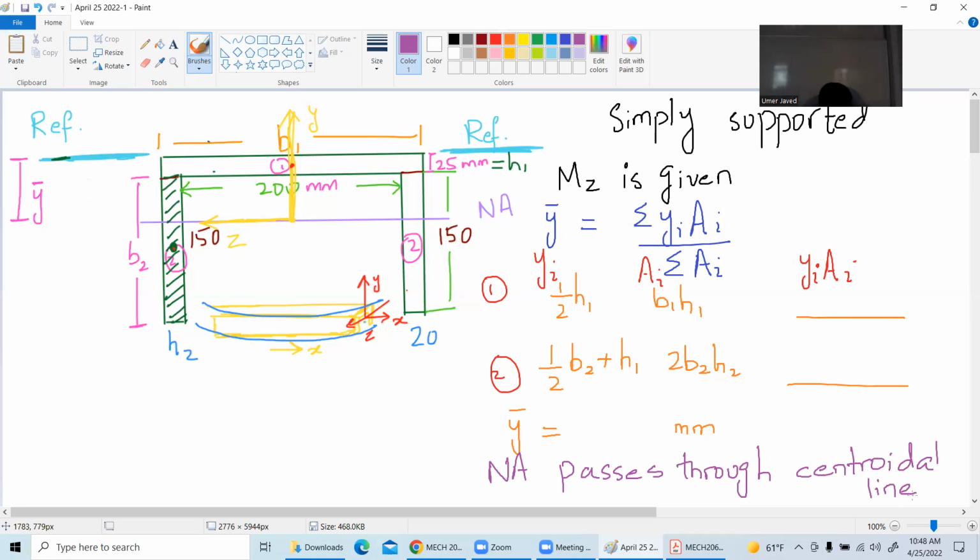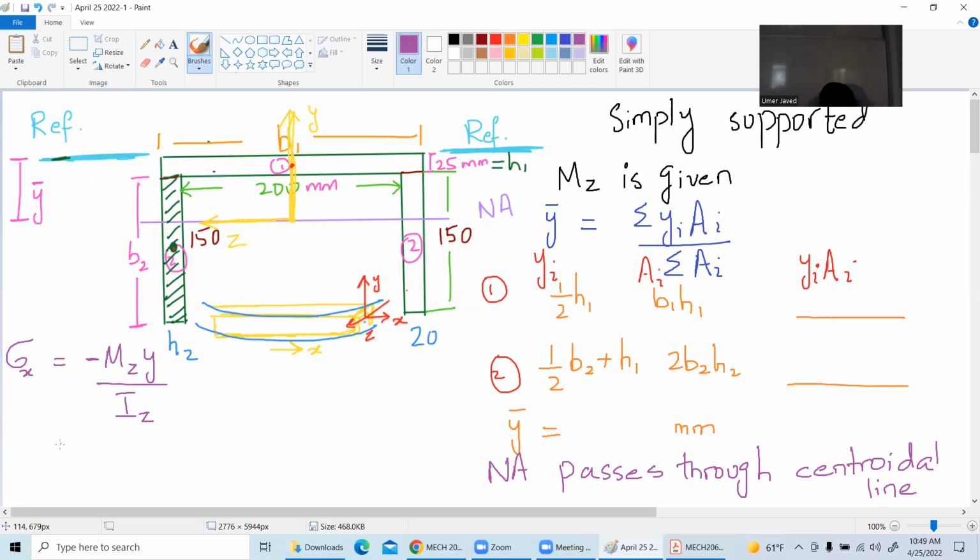So find it yourself. In the meantime, I will write the formula for students. Stress X is equal to minus Mz y over Iz.